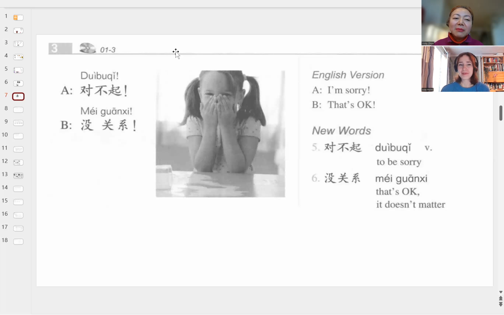You say 对不起 and people know you want to get off the metro. You can also say 劳驾, both okay, same meaning. 劳驾 或者是 对不起.